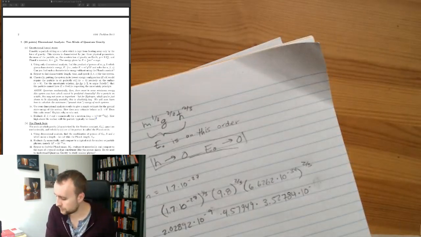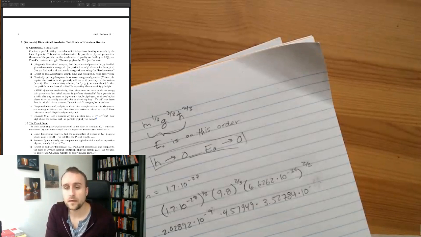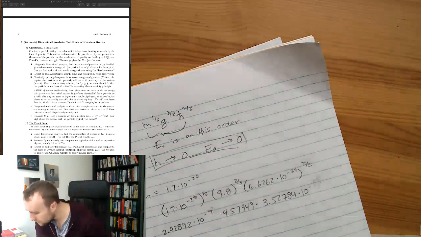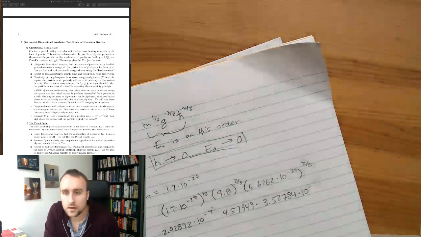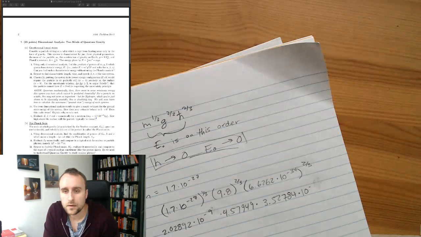I will just reformulate this question so that I don't have a weird answer here. Like 5.2784 times 10 to the power of negative 68 divided by 3.